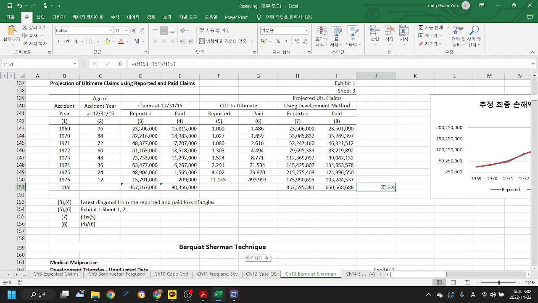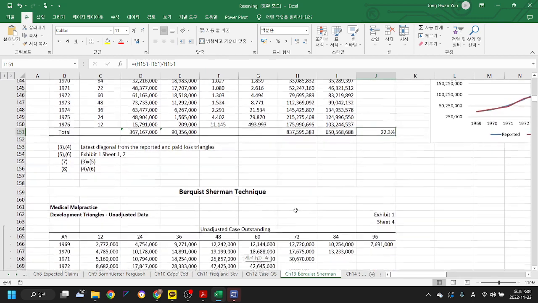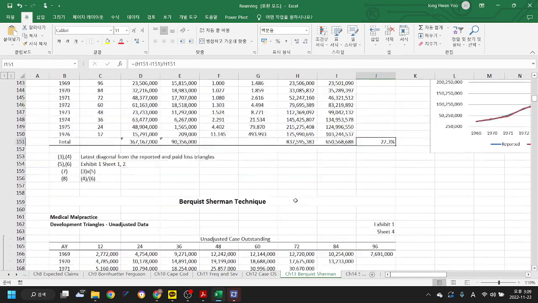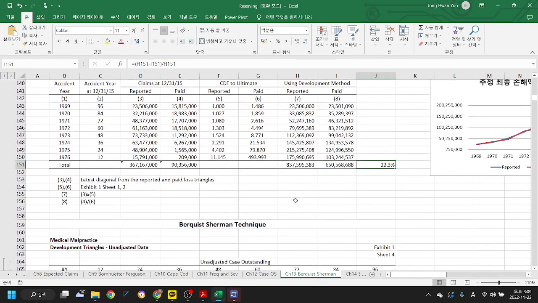And with this amount of difference, you cannot draw a conclusion. As I already pointed out, this is mainly, not 100%, but mainly from the inadequate level of case outstanding figures. So what they did was restate the case outstanding loss triangle.